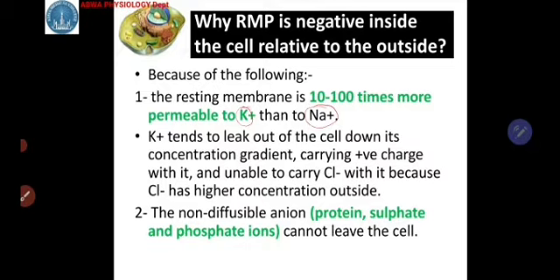Potassium tends to leak out of the cell down its concentration gradient, carrying positive charge with it, while chloride and other anions having negative charge cannot follow outside the cell.